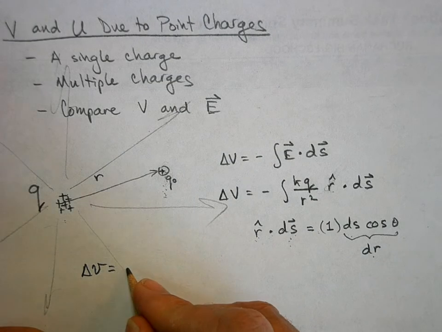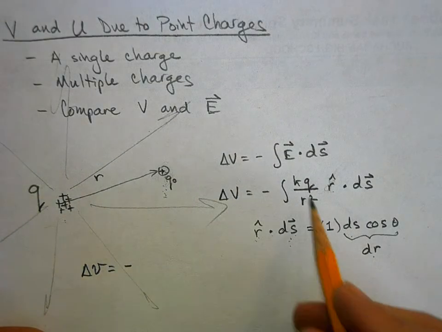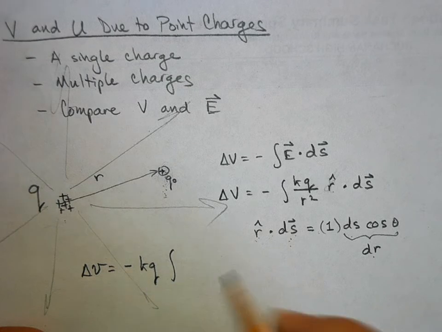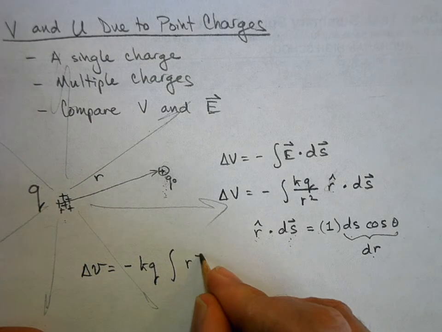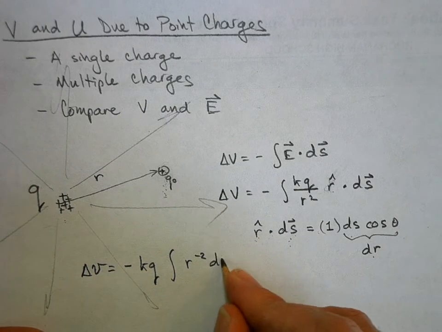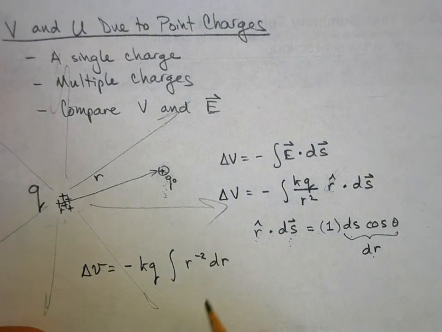is equal to negative, let's pull the kq out, the integral of r to the negative 2 power times dr. And now remember what we did.